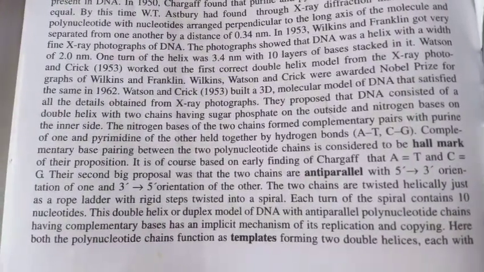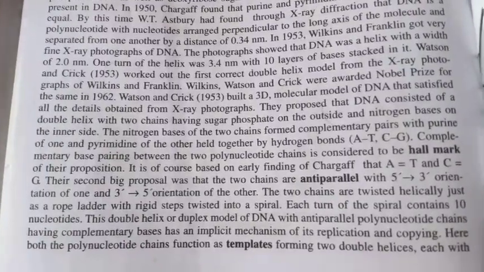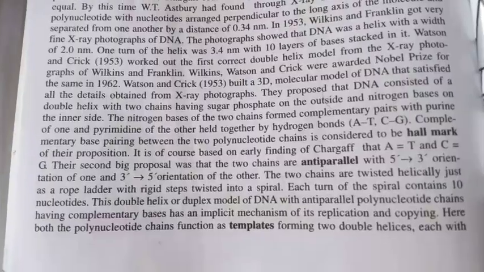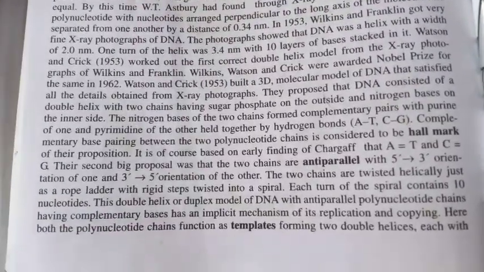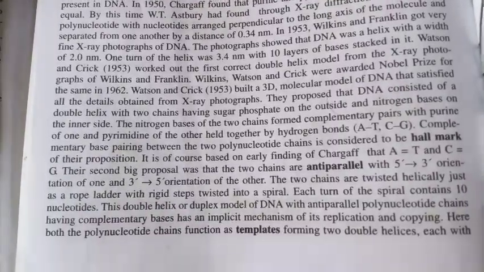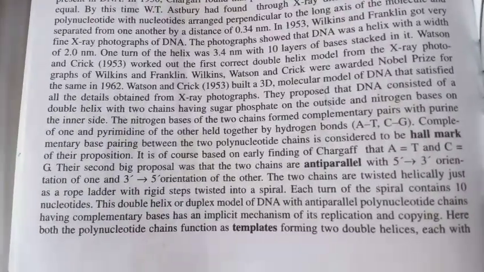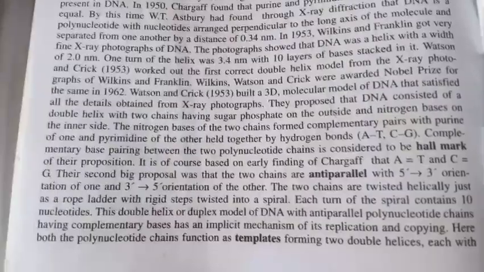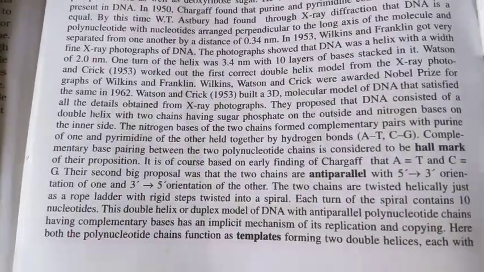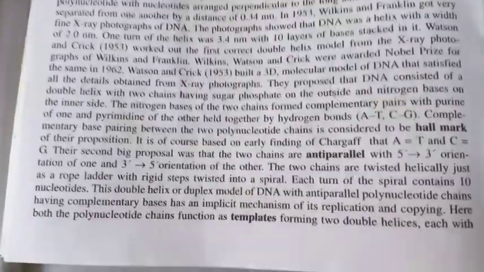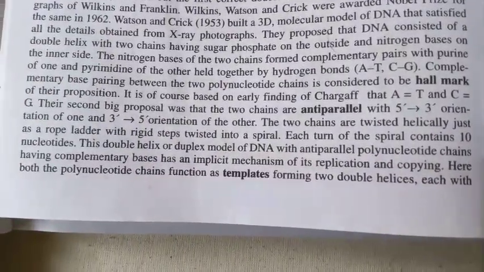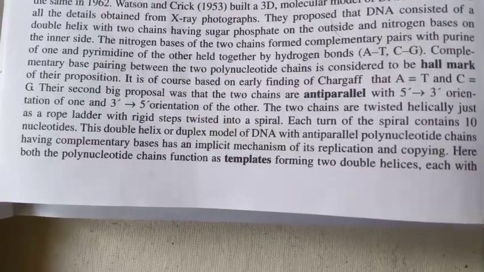This double helix or duplex model of DNA with anti-parallel polynucleotide chains having complementary bases has an implicit mechanism of its replication and copying. Here, both the polynucleotide chains function as templates, forming two double helices, each with one parent chain and one new but complementary strand.